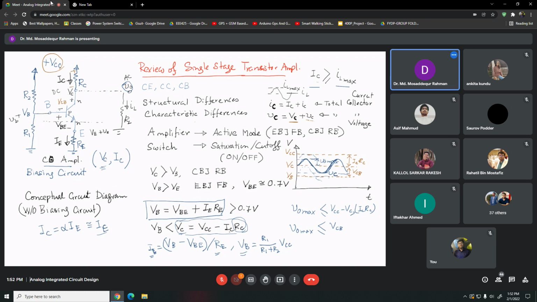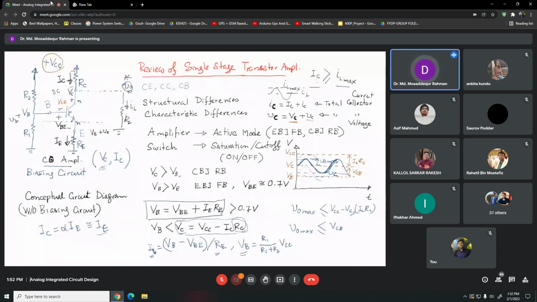Of course, this voltage has to be greater than VB, to ensure the proper VCB. So this is how you design the biasing circuit of the amplifier, that will meet the voltage and current requirements of your load.